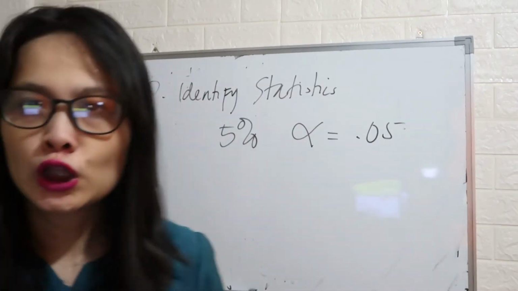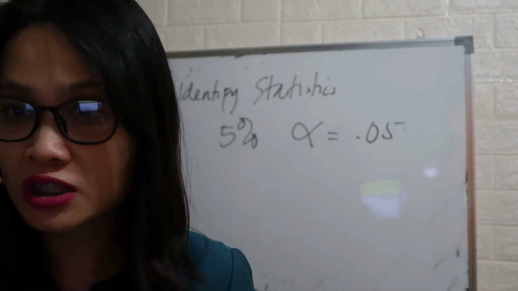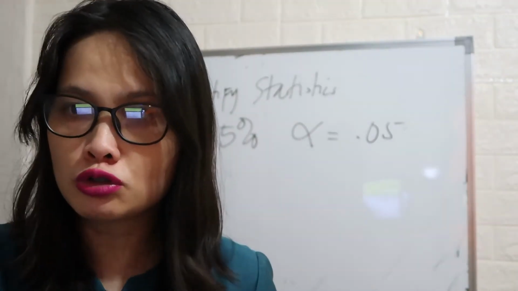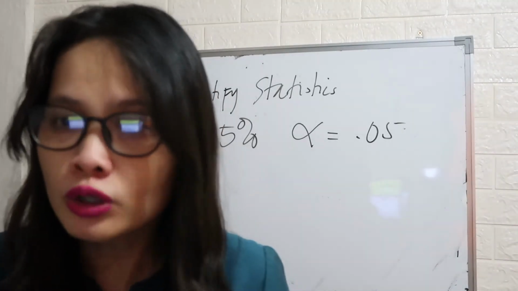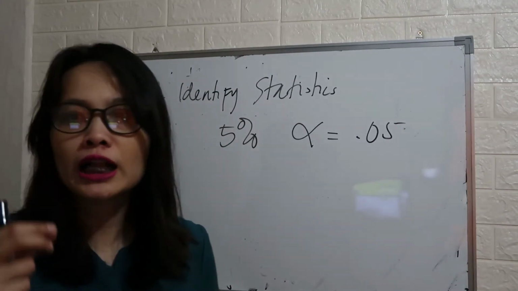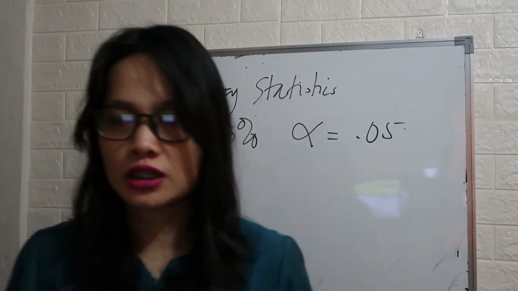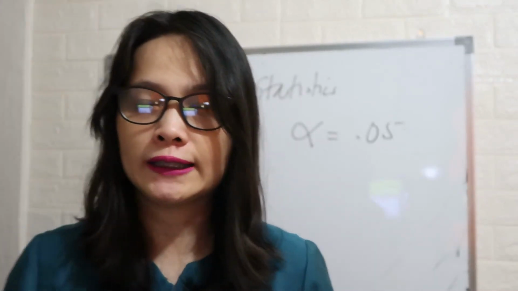Now, going back to your null and alternative hypothesis. Your alternative hypothesis says that mu1 minus mu2 is not equal to your d sub O. So meaning, will you be using a two-tailed test or one-tailed test based on your alternative hypothesis?